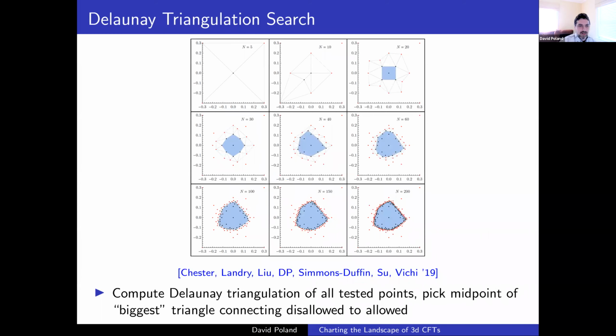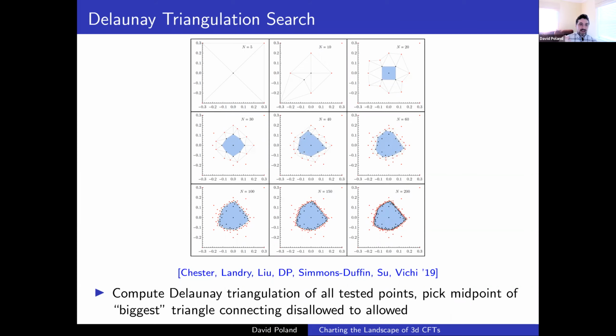This Delaunay triangulation search looks like this. You have some set of points that are allowed, some set of points that are disallowed. You compute a triangulation of those points, so there's some set of triangles connecting allowed points to disallowed points.